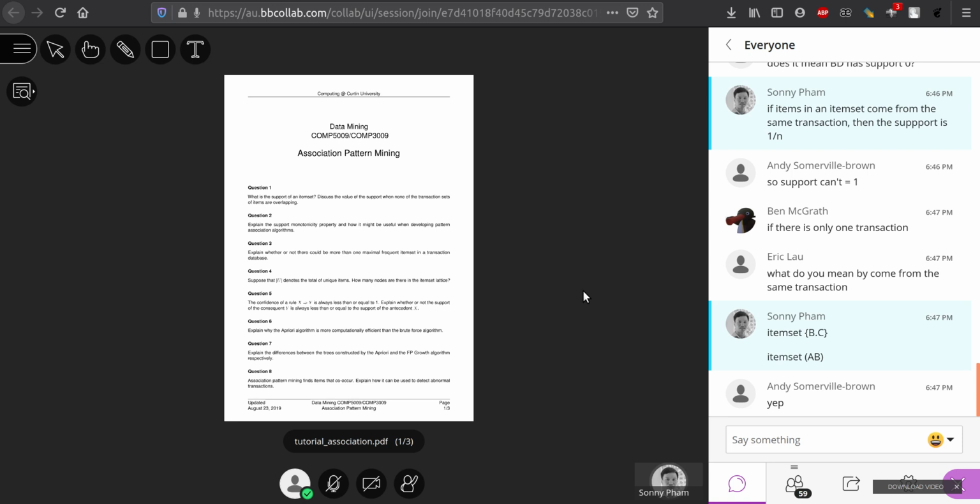Okay, question number 3, on the topic of maximal frequent item sets. Explain whether or not there could be more than one maximal frequent item set in a transaction database. Very simple. When we say maximal frequent item set, is it only one, or could there be more than one?